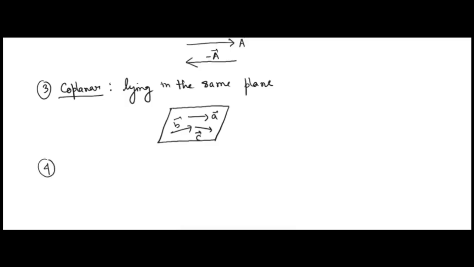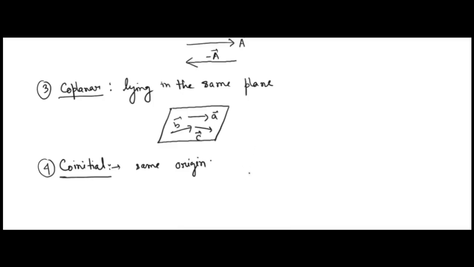So now the fourth type of vector, that is co-initial vector. Co-initial means these vectors have the same origin.